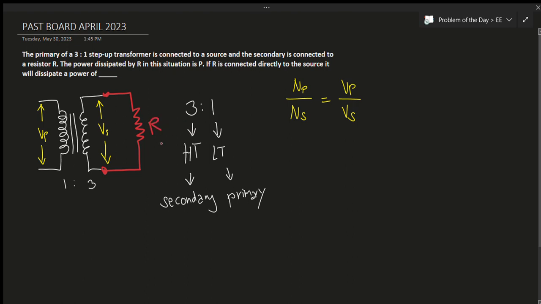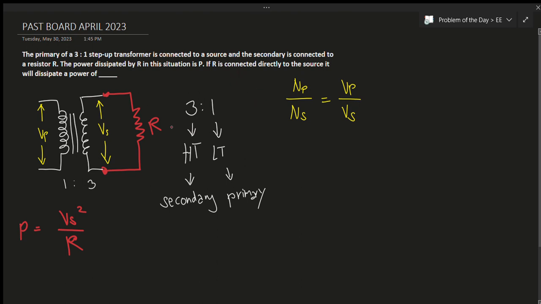The power dissipated by R is denoted by P. P is simply voltage secondary squared divided by R. This is the governing equation of the power dissipated by R connected across the secondary.